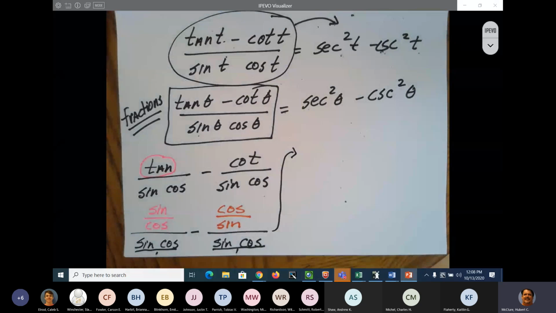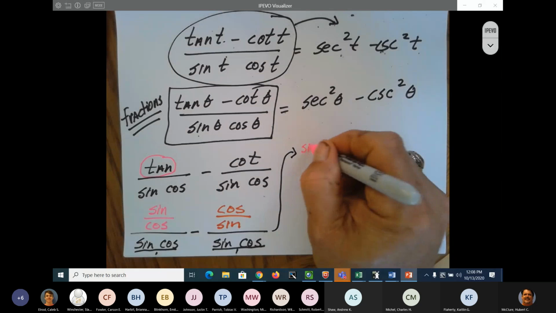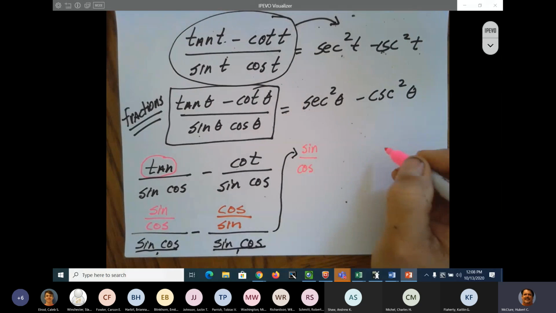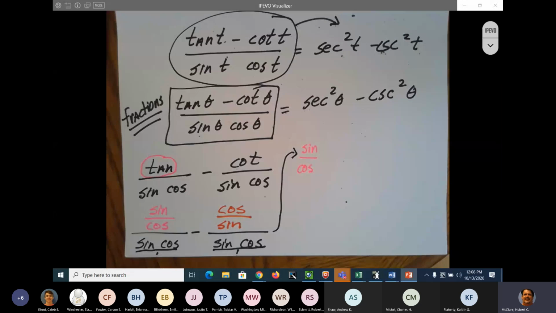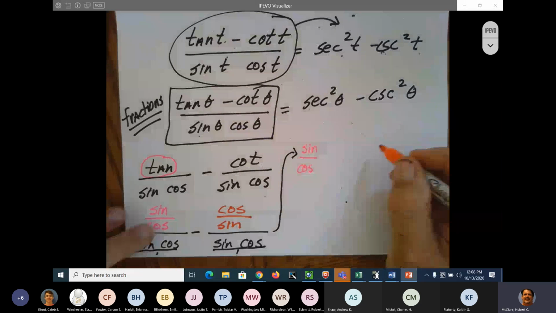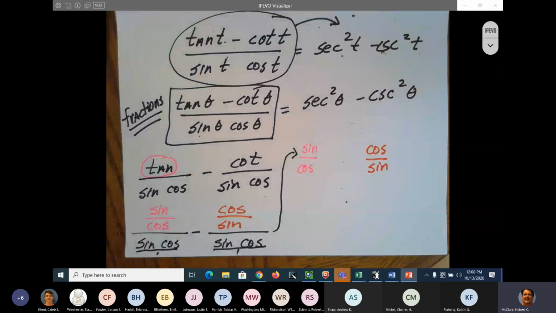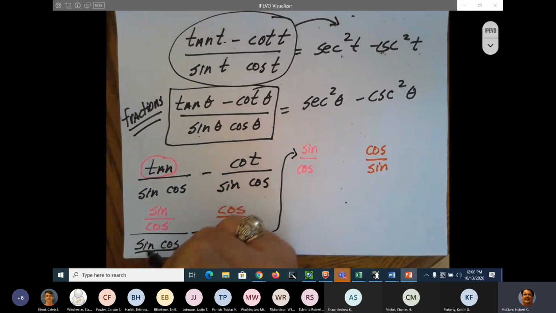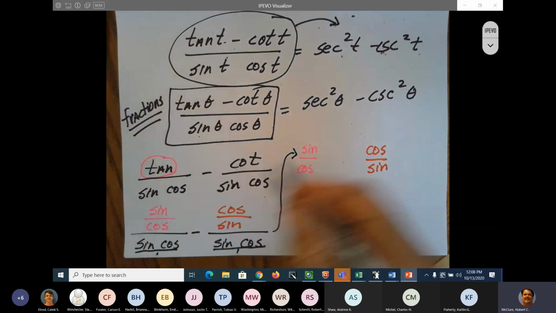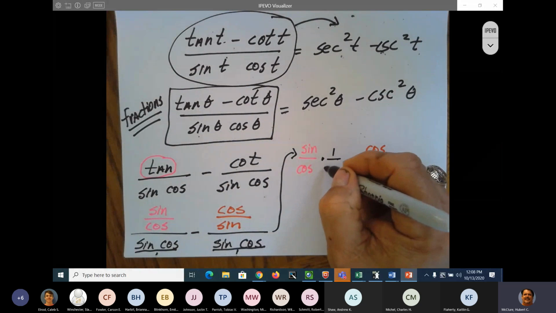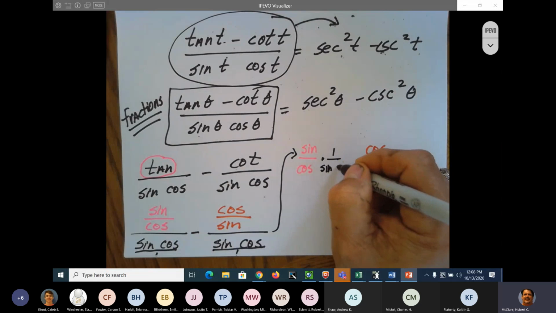So that's going to give me sine over cosine and cosine over sine multiplied by, well, if this is divided by sine cosine, that means I'm going to multiply by 1 over sine cosine.